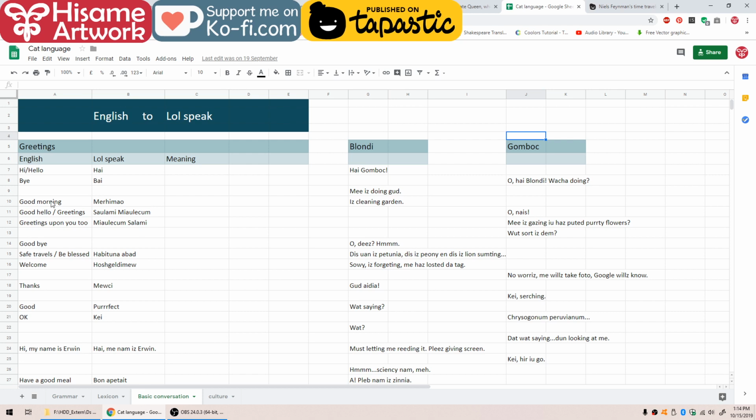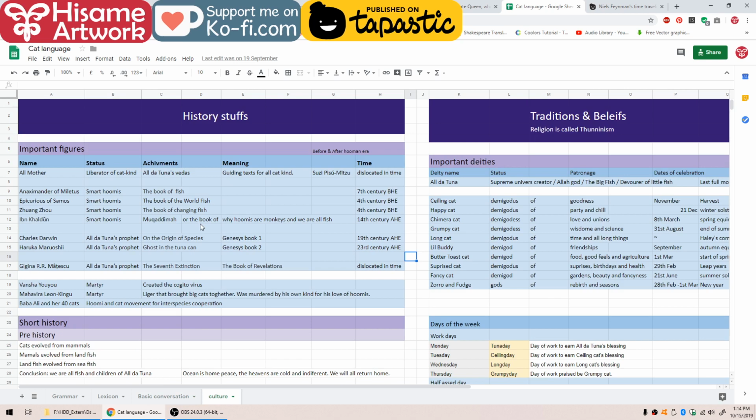So for example, good morning, I made it merhimau from merhaba and a whole bunch of other Turkish and Arabic things, because the way I kind of envision this is, so first of all, if you know about cat evolution, they kind of started being domesticated in the Levant area and in China.